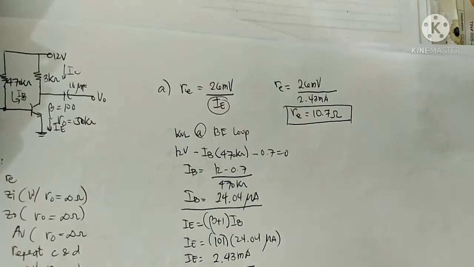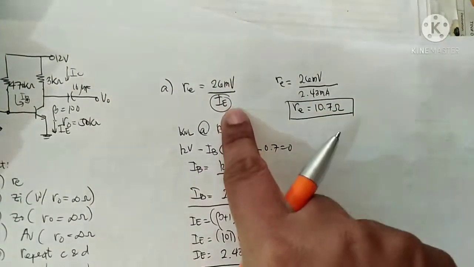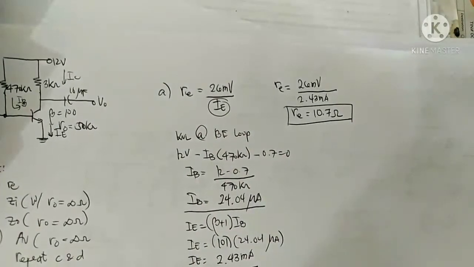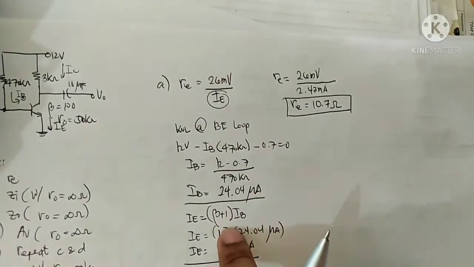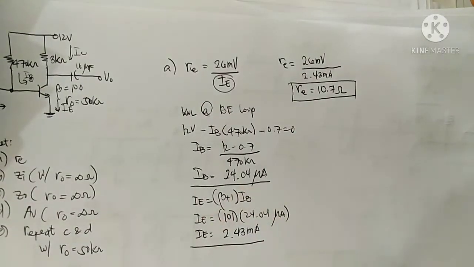So just memorize this formula: R sub E is 26 millivolts divided by IE. This was in our previous discussion, so go back to it and memorize.